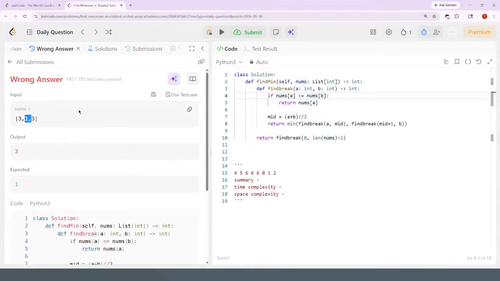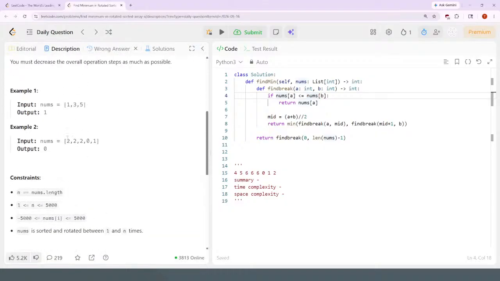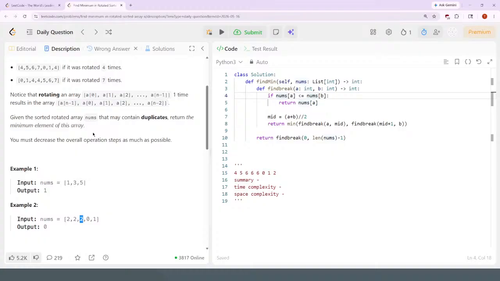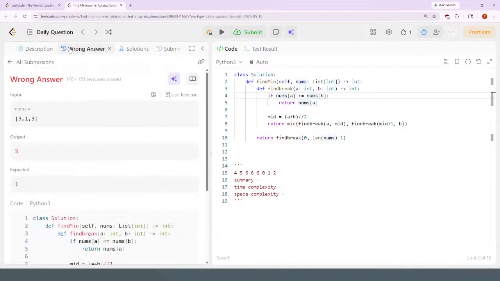Okay, so this is the true case they gave me. Yeah, this wasn't really captured in the test cases or the example cases. Okay. How to do this one.